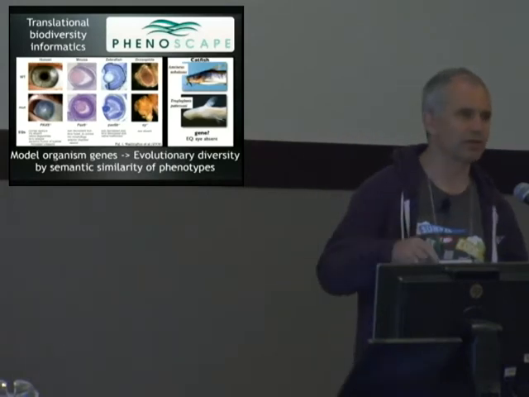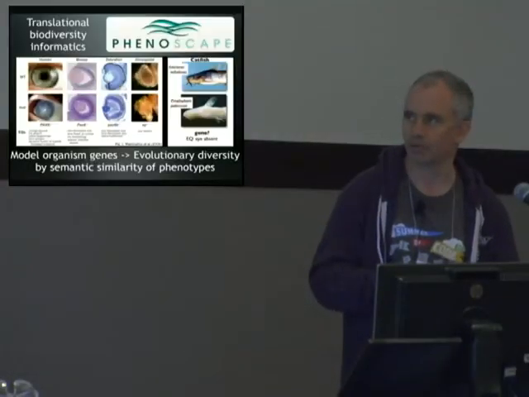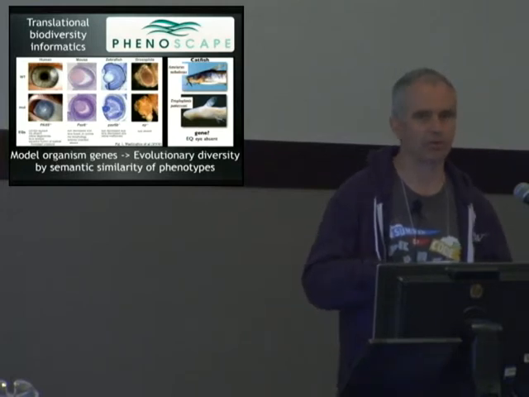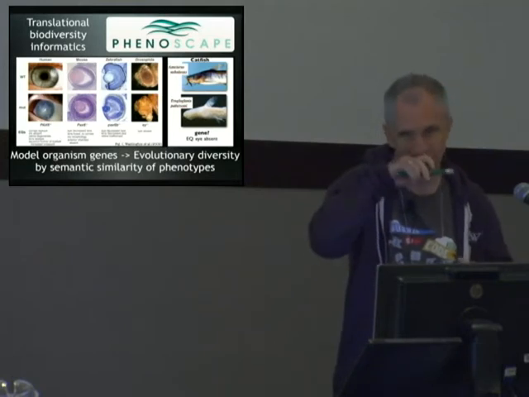And so what we're doing in the Phenoscape project, which is where I'm coming from with this talk, is we're essentially taking that same approach that's been used to connect model organism phenotypes with human biology as far as disease phenotypes are concerned.